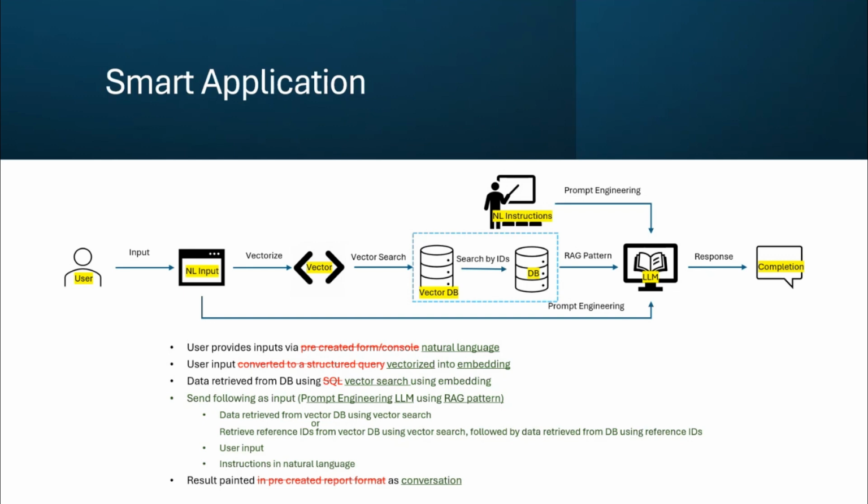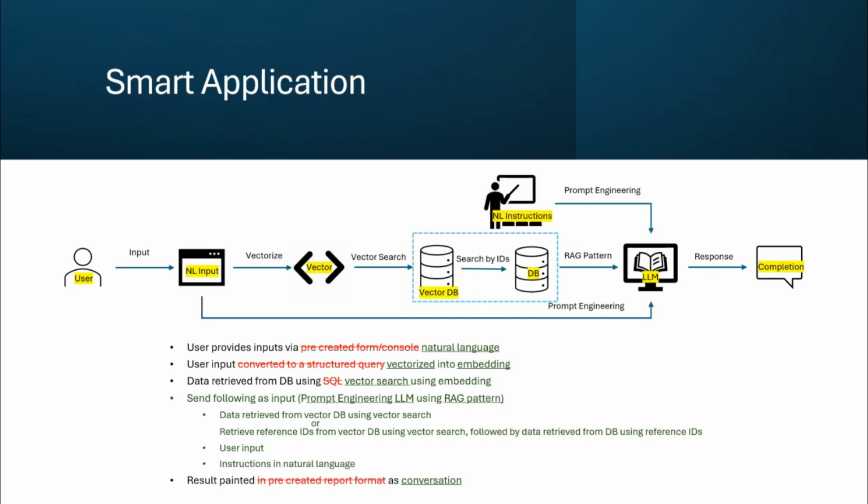Also, the natural language input that the user provided in its raw form, exactly the same sentence as the user asked, is also provided to the LLM. Now, the LLM takes these three pieces of information: the prompt, the data retrieved from the database, and the natural language input from the user, and it generates a response.